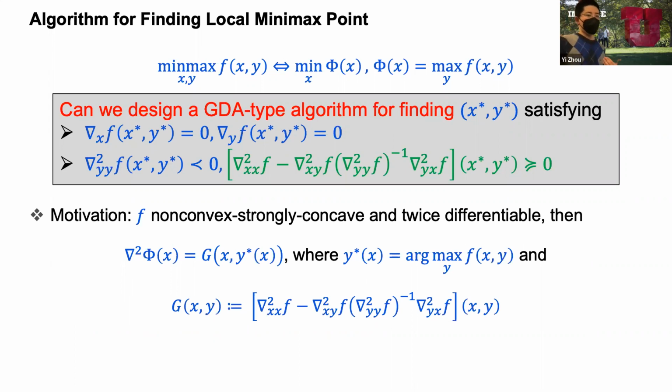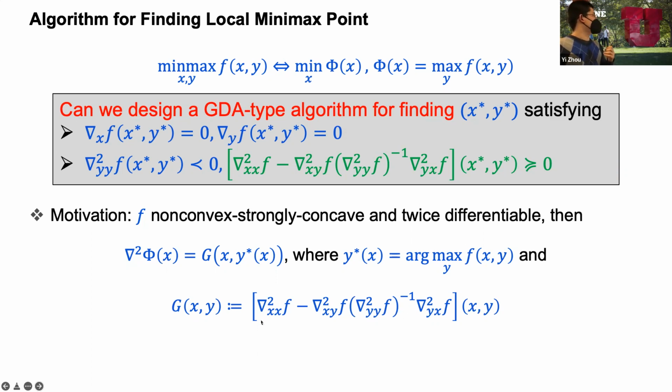So the intuition is to observe that these second order conditions have close connections to the Hessian matrix of the envelope function phi. We can show that for non-convex strongly concave problems, the Hessian matrix of phi is characterized by the following G matrix, and this is the formula for this G mapping.